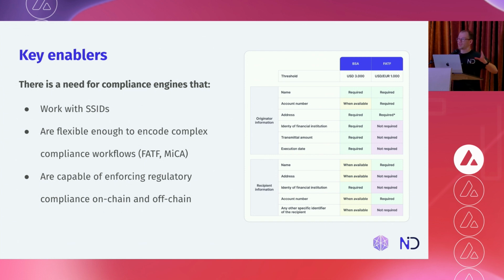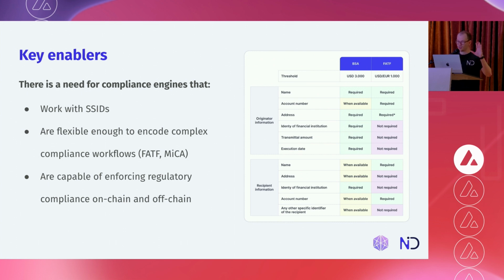First, they can verify the veracity of the data, that they were produced by a trusted issuer, that they are correct, and then they would look inside and try to map the information that they get against very complex sets of rules and workflows that match rules and regulations that exist in the real world, like FATF or MiCA. And ideally, this system should be capable of enforcing regulatory compliance both on-chain and off-chain.